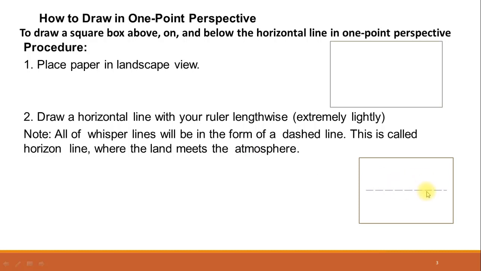Note that all of the whisper lines will be in the form of a dashed line. This is called the horizon line, where the land meets the atmosphere.